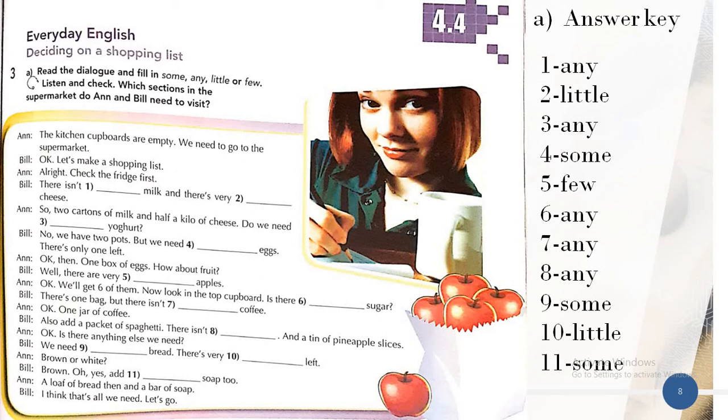Is there any sugar? 7, but there isn't any coffee. 8, there isn't any. 9, we need some bread. There is a very little left. And last, oh yes, added some soap too. So this is the answer key of the shopping list.